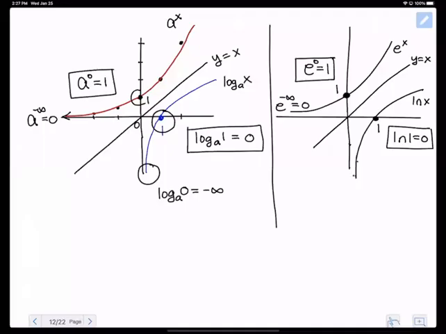Right here, ln of 0 is negative infinity. One corner: a to the positive infinity is positive infinity. Same thing here, log base a of positive infinity is positive infinity.